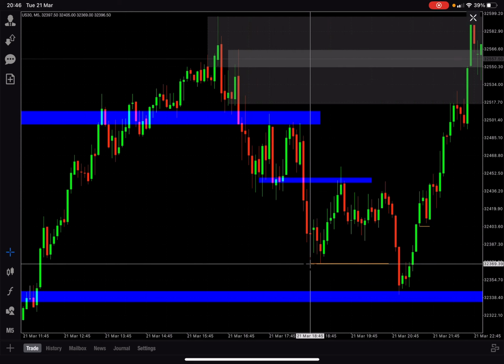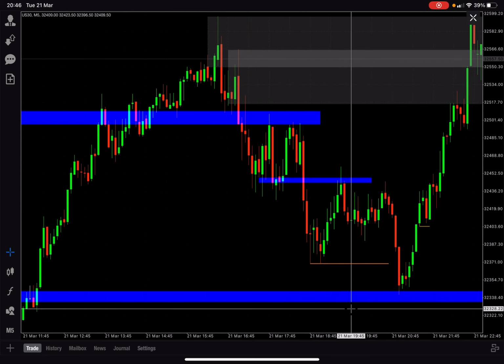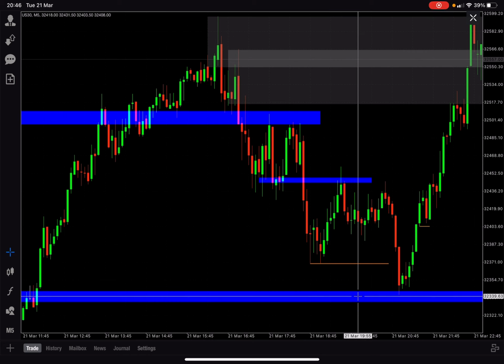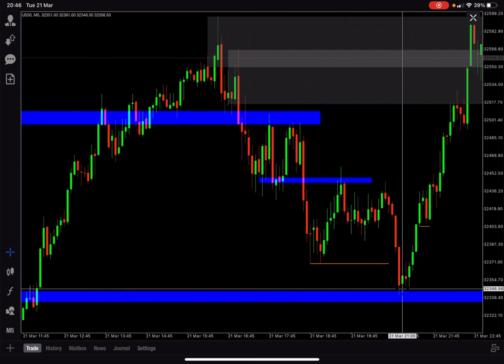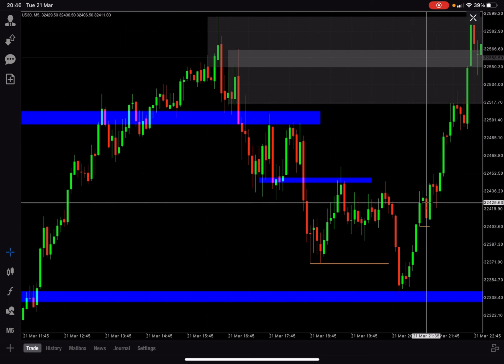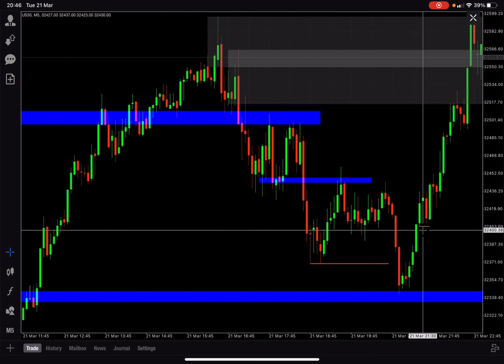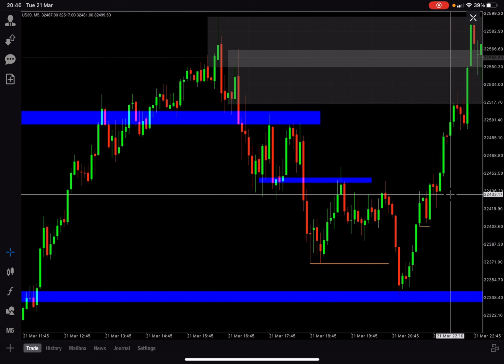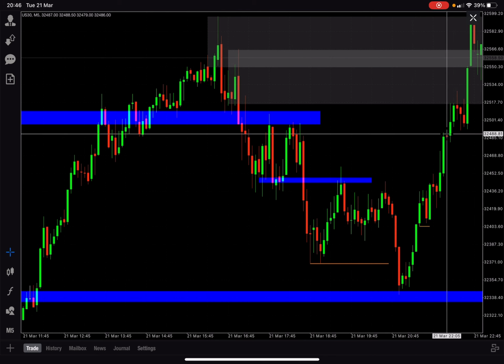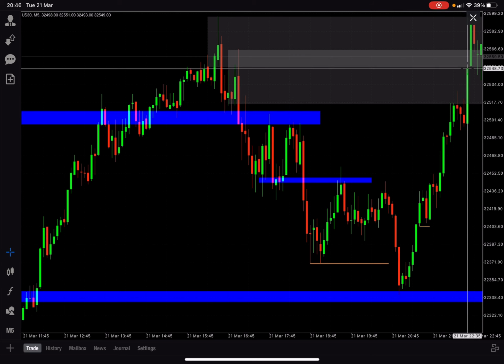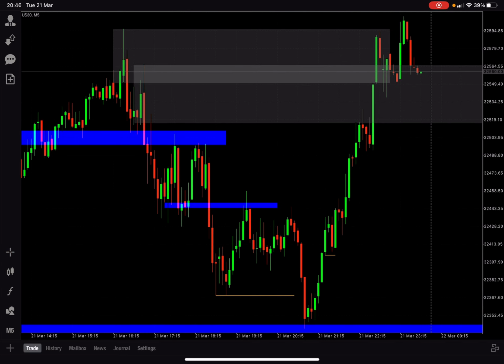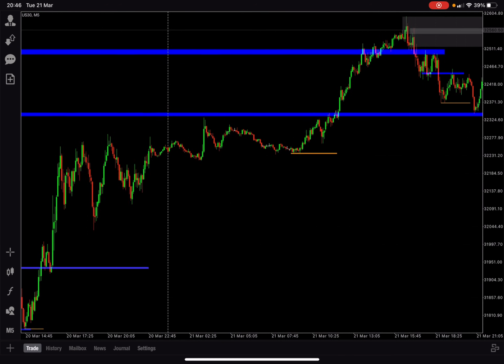Price came down, took that area, retested this double bottom previous high as support. Then you got a reversal, push to the upside, support and resistance here, push to the upside, created a support, pushed, retest, and then you continued up. And that is where it takes us to today.